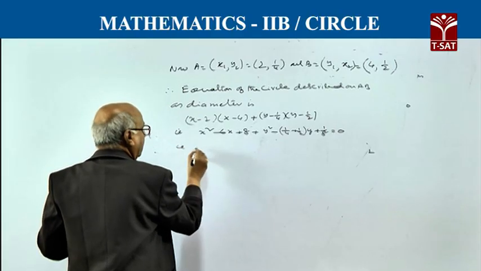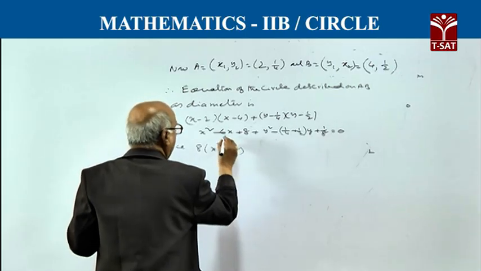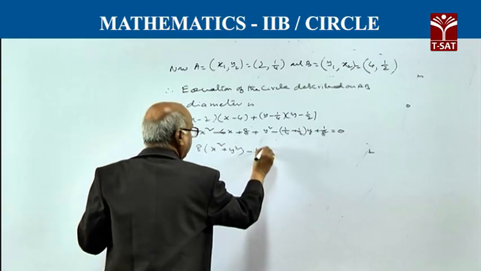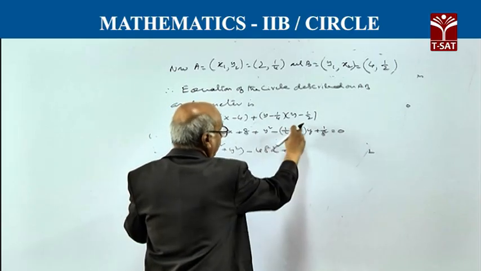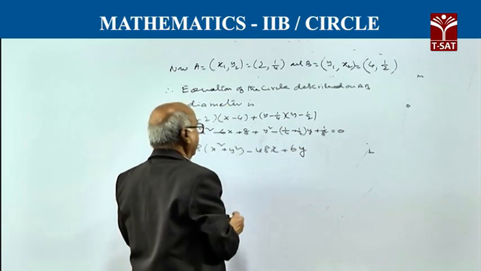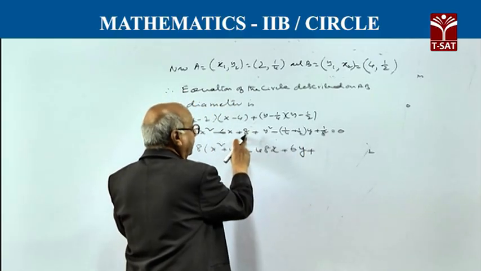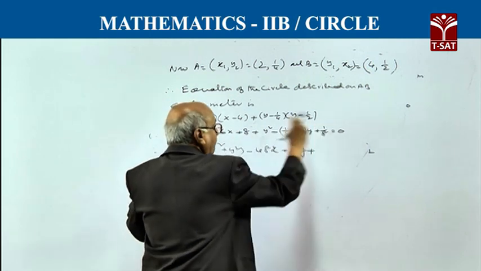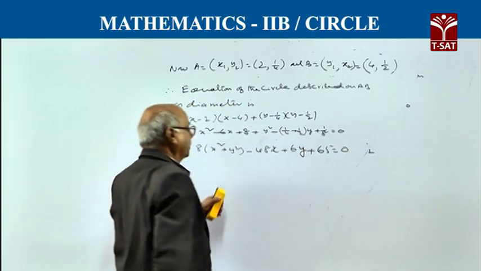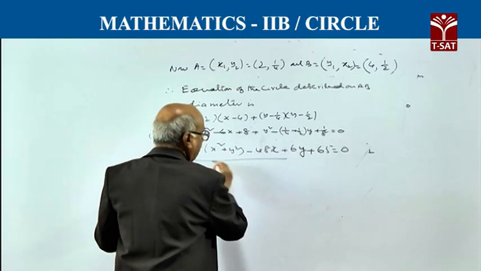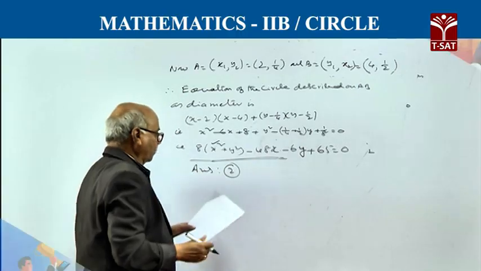So what you get is 8 into (x square plus y square) minus 48x minus 6y plus 8 into (8 plus 1 by 8), which is 64 plus 1, 65, so you get plus 65 equal to 0. So this is the required circle equation, and the answer is option number 2.